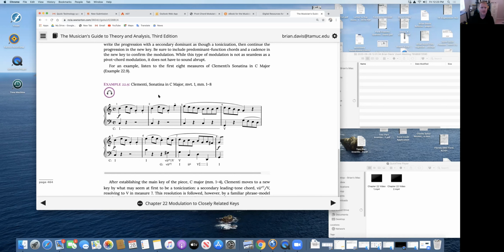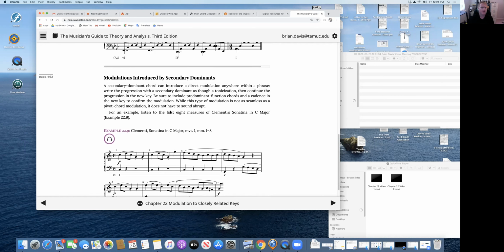Okay. And this is a C major little piano piece. And it goes from C and it ends up in its V, the G. Right. So again, this is a pretty abrupt modulation.